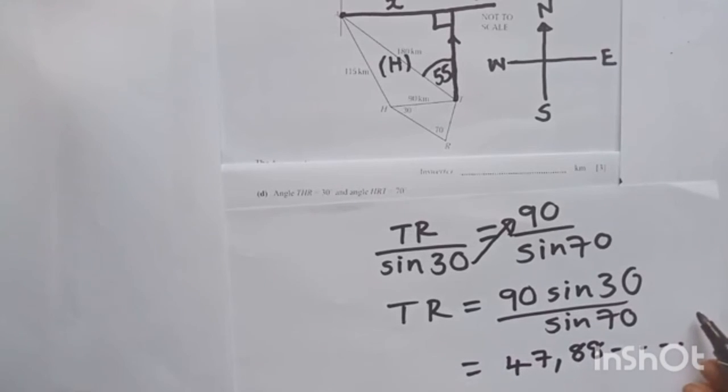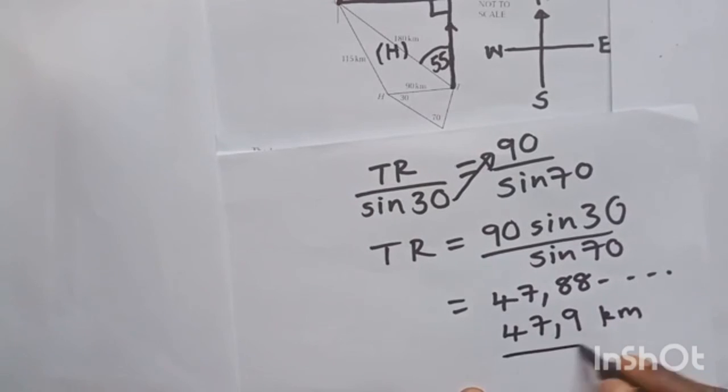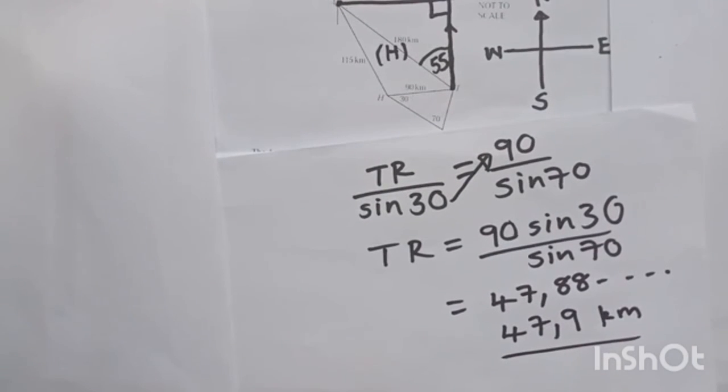To three significant figures, your final answer becomes 47.9 kilometers. So this is how you calculate the distance TR.